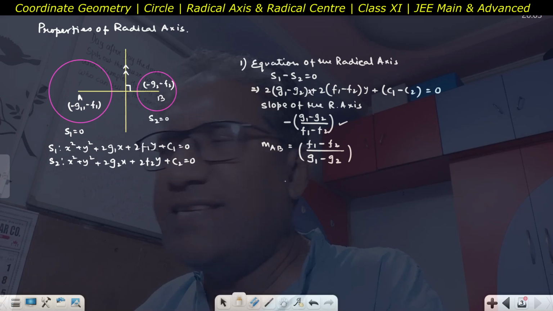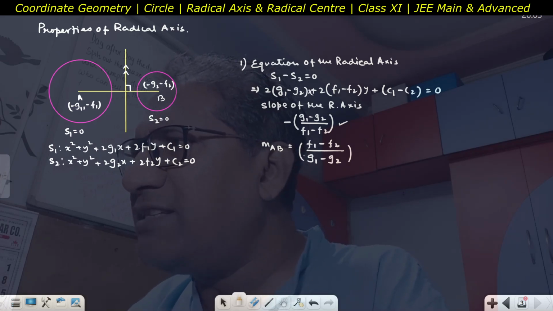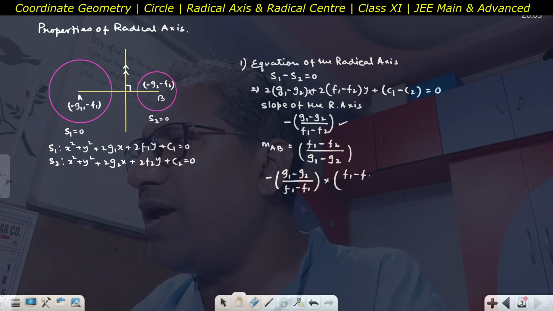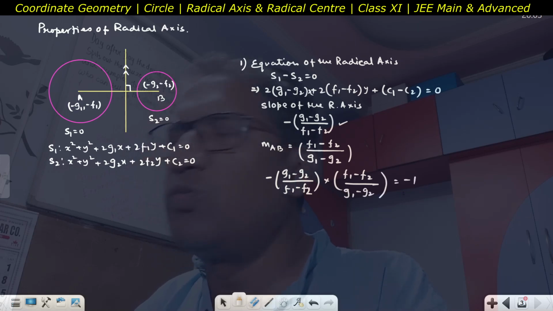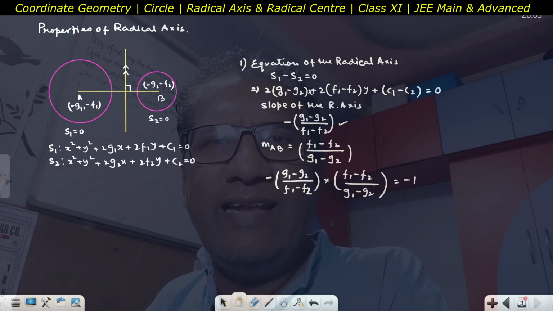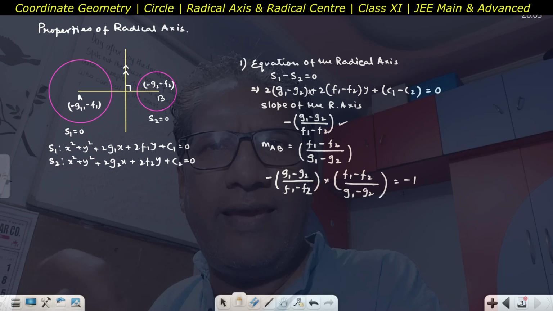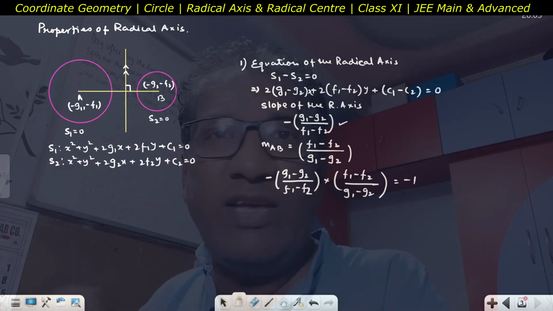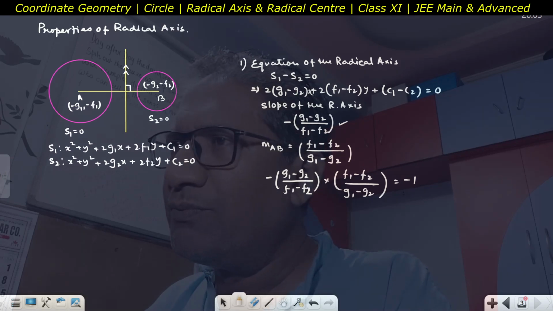Now, we can clearly see that if we multiply these two slopes, we are going to have minus 1, which clearly says that the radical axis and the line joining AB are perpendicular to each other. Is it clear to all?